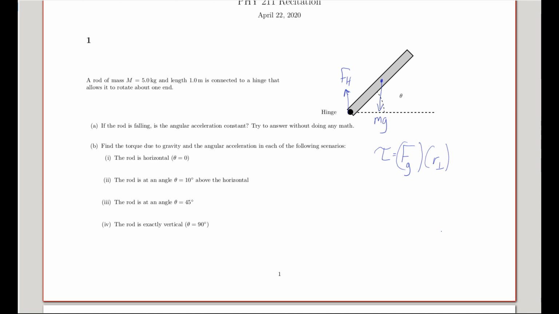Well, the perpendicular component of the radius is this one, the one that I'm drawing in red right now. So that's our perpendicular. And a little bit of trigonometry shows that our perpendicular is L over 2 sine theta, because this distance is L over 2.